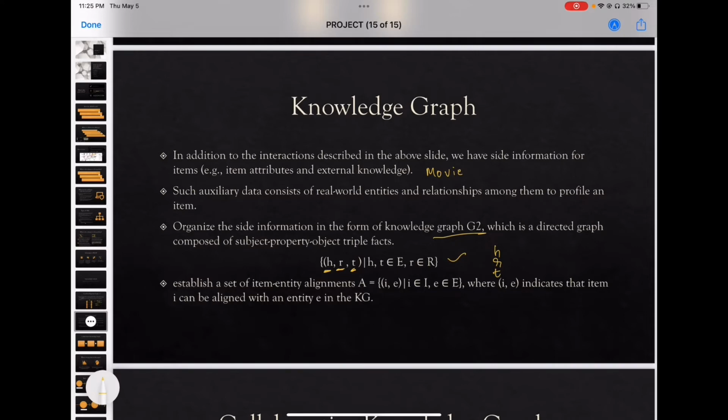This states the fact that Hugh Jackman is an actor of the movie Logan. Note that R contains relations in both the canonical direction, like in this example of Hugh Jackman where R would be actor of, and in the reverse direction, that is acted by. Logan has been acted by Hugh Jackman.